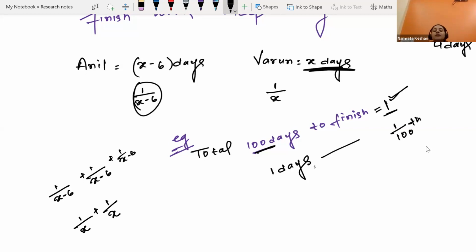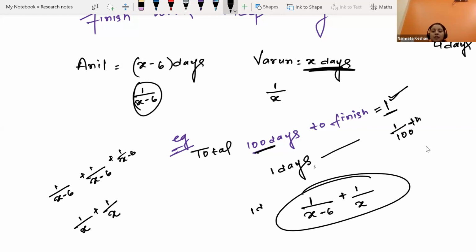Now when both work together, Anil will give his best and cover 1 by (x minus 6), and Varun will give his best and do his part. So in 1 day they will be able to cover this much part of the work, each according to their capacity.